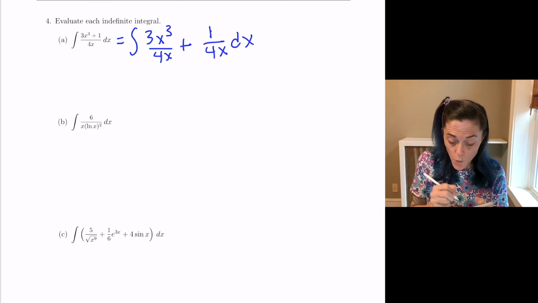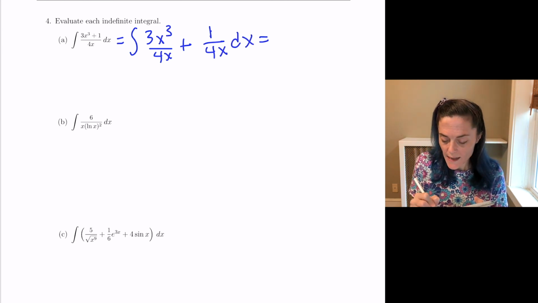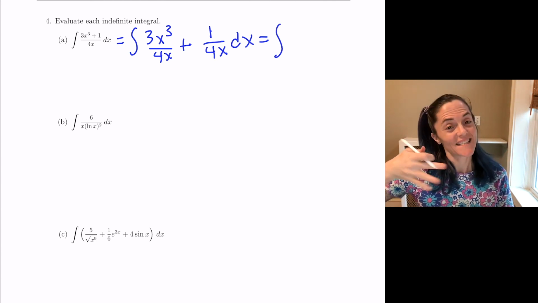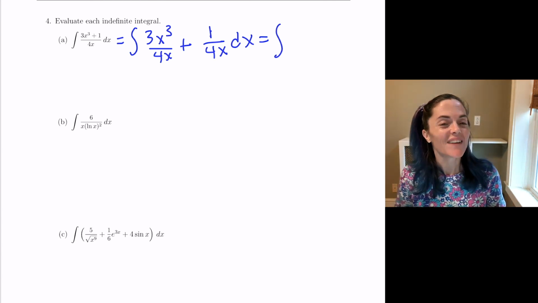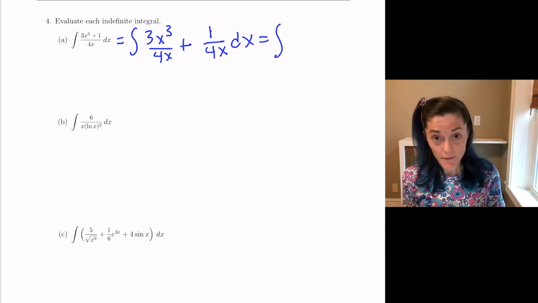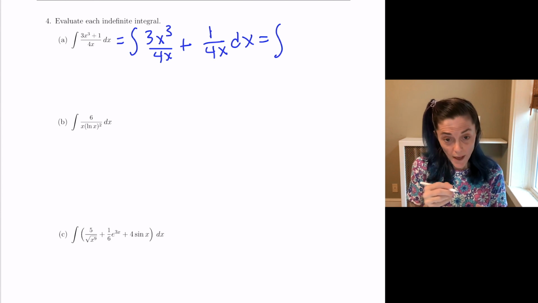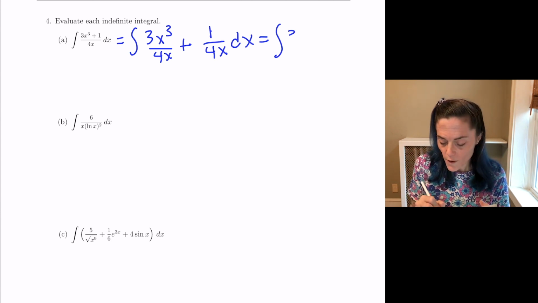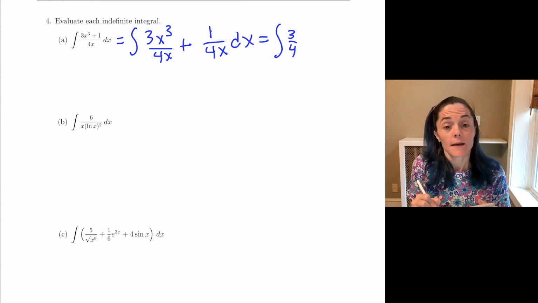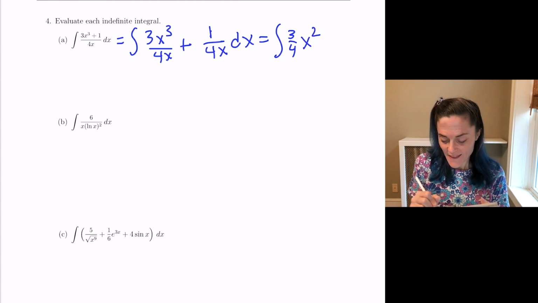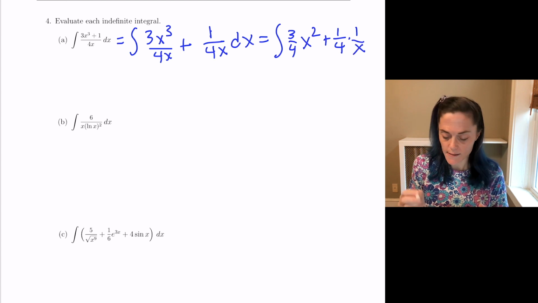Now, each one of these I need to write as coefficient times x to a power. We did this kind of thing when we were learning to differentiate using the power rule, but here we are integrating. Okay, my first one, I have 3 over 4 x squared. And then the second one, I have 1 over 4 times 1 over x.